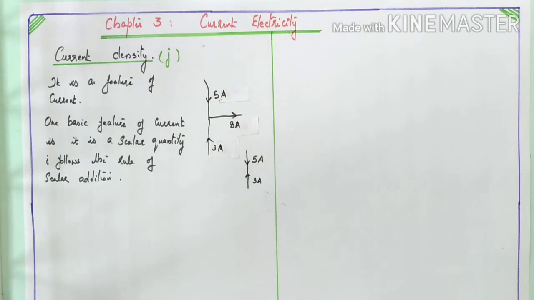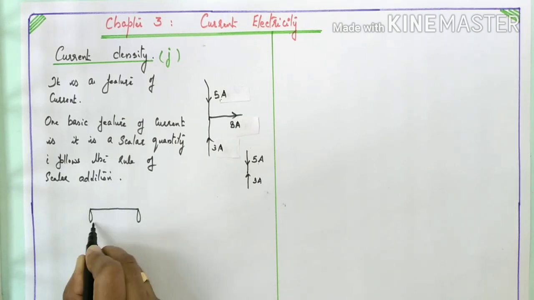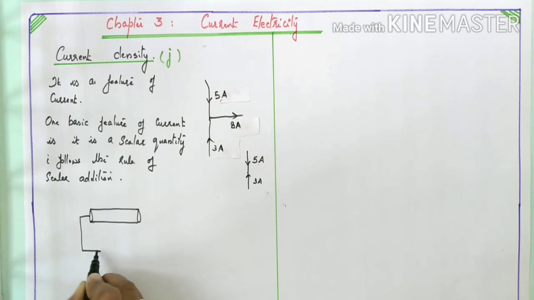Okay, children. Now we move on to the topic current density. If you consider a conductor, this is a conductor. Let it be connected to a battery.